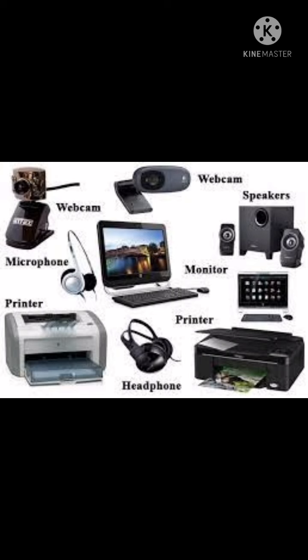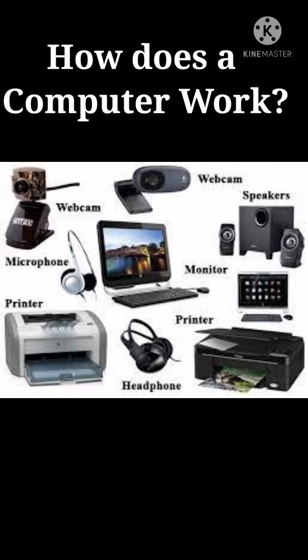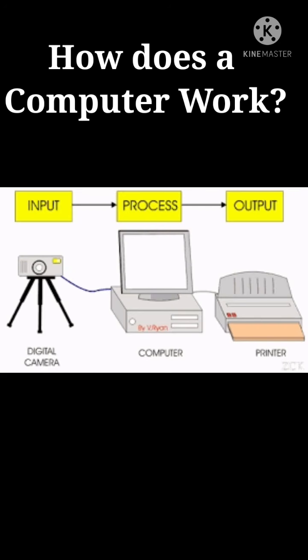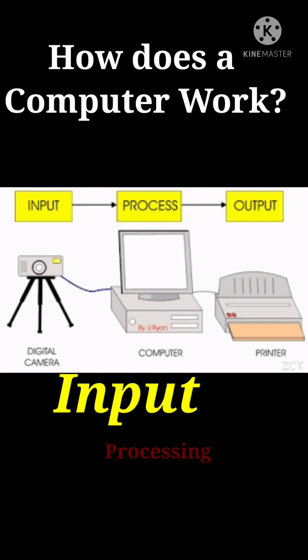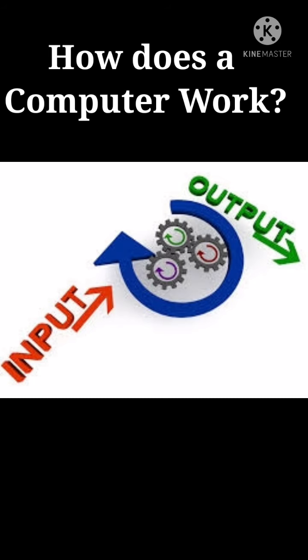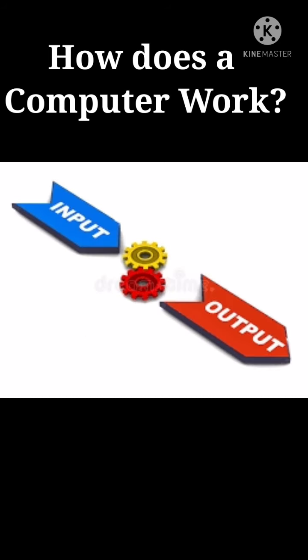Today we shall learn about how a computer works. Under this topic we are going to see about input, processing, output and working of a computer. Basically, a computer is an electronic machine used for different purposes.